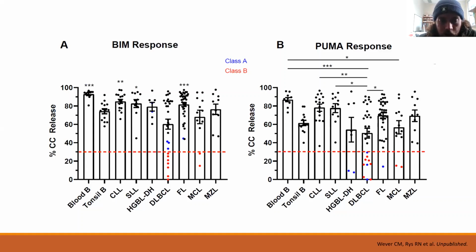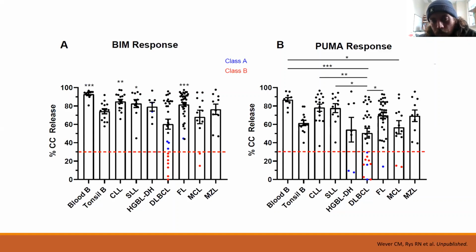In the samples, red on both graphs are class B samples because they are not responding to either BIM or PUMA. And then we have class A samples that have, in most cases, a moderate response to BIM, but then no response to PUMA.